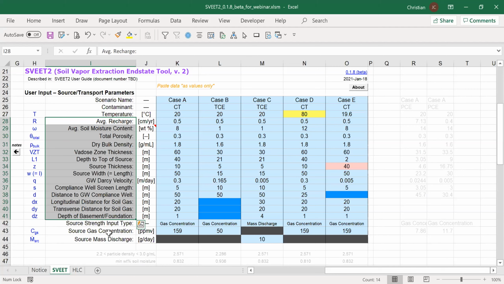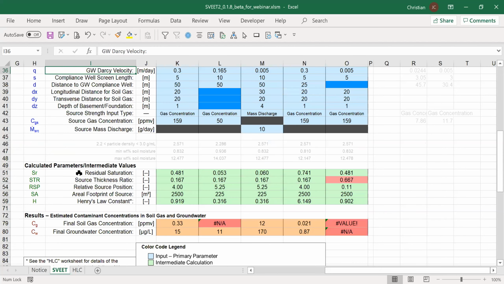Version 1 of SVE had 972 simulations, and we've just added some additional options: the vadose thickness, where we added 3 more parameters, 1 for velocity, and we extended the bounds in one direction for residual saturation, source thickness ratio, the relative source position, and the footprint.